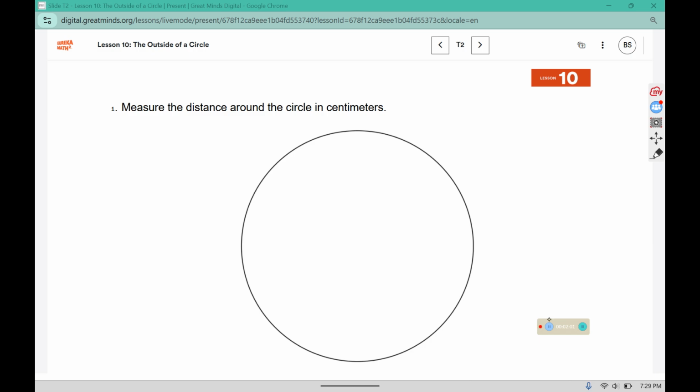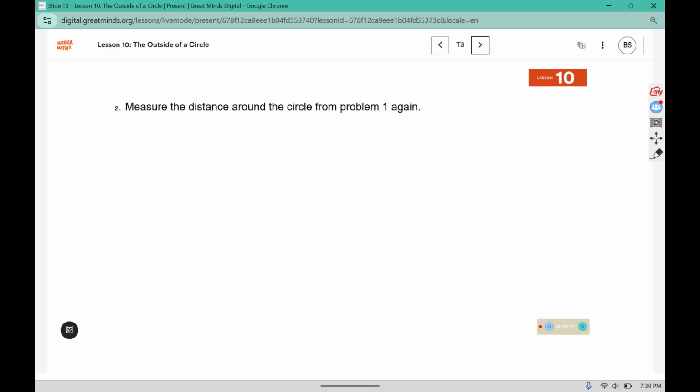Another way that might be helpful is if we used a string and we lay it around the outside of the circle, and then we measure it against a straight ruler to see how long that string is. Then it says measure the distance around the circle from problem 1 again.